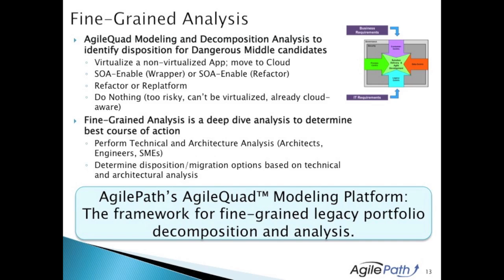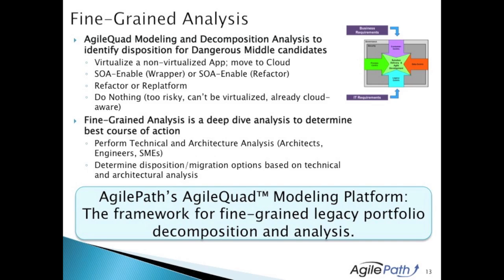And the number of questions could potentially be larger. I mean, it's not in the neighborhood of the 10 to 15 questions of coarse-grained, so you may be looking at 30 to 40 questions that need to be answered in a decision tree to help you identify the appropriate course of action for the application.